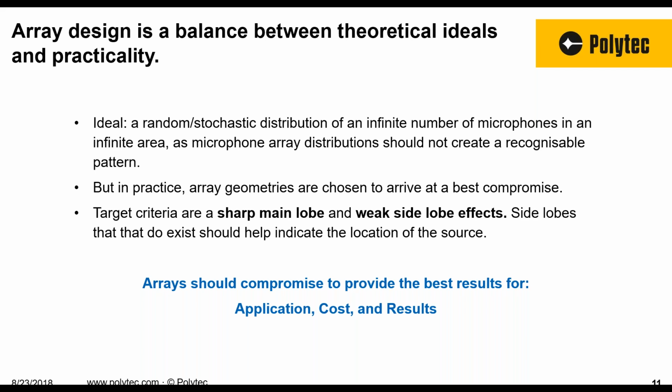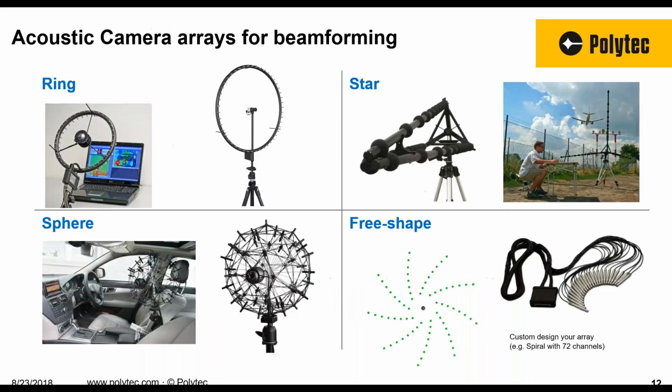Basically, the goal is to have a sharp main lobe and weak side lobes. Side lobes will always exist, but they can also help you locate a source. They can help point to a source, which I'll show you in a second. But obviously, the best compromise is something that works for the application, is cost effective, and gives you the results you expect.